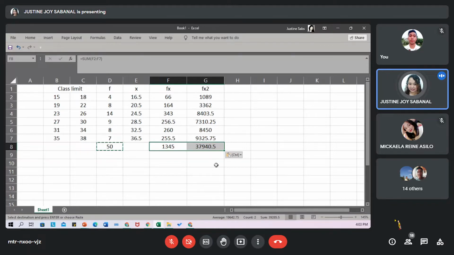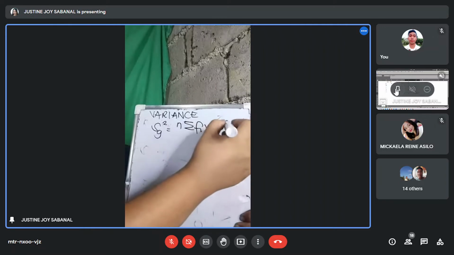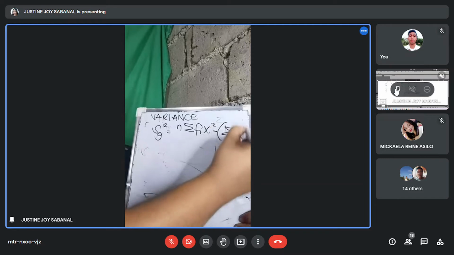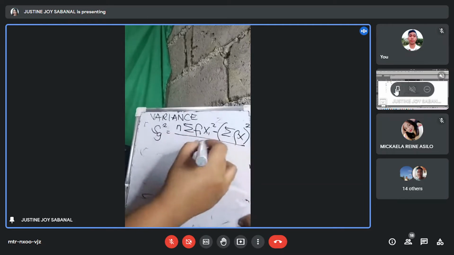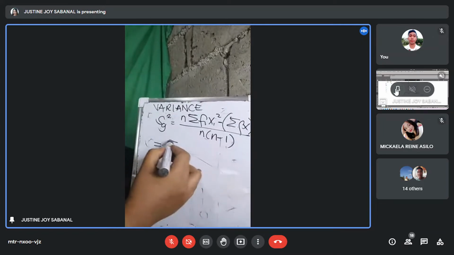So, for our solution, the formula for variance is s sub g squared equals n times the sum of fi xi squared minus the quantity sum of fi xi, squared, over n times n minus 1. Yung value ng n natin ay 50.